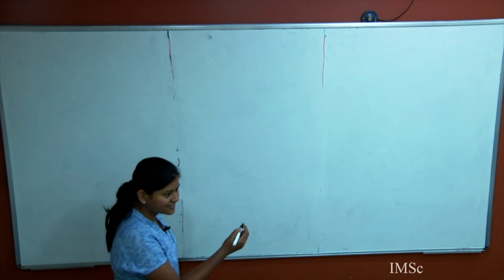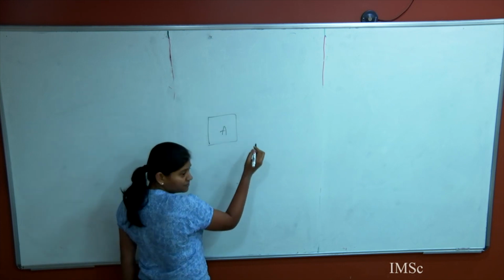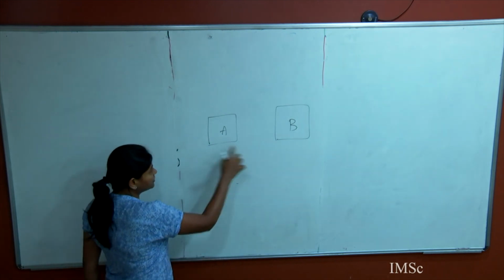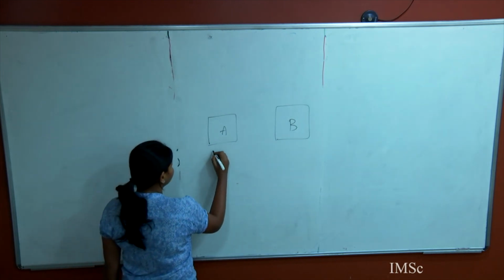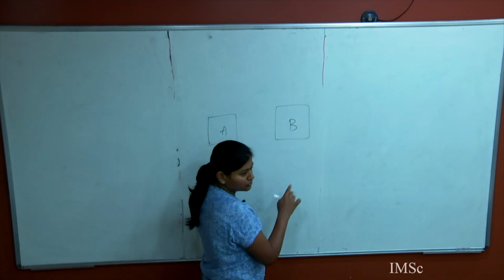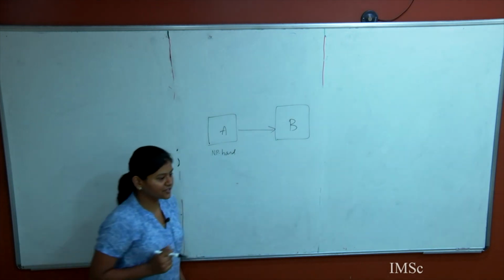You can be loud. Okay, so basically you start from a problem A and you have problem B. Which one is harder? A is known to be NP-hard, and this we do not know. This is our problem at hand, and you reduce. What do you mean by reducing?